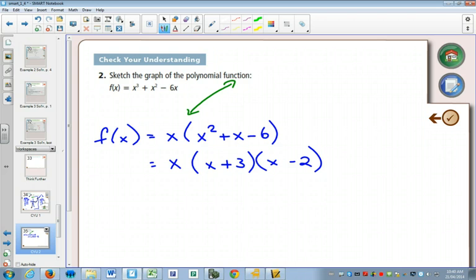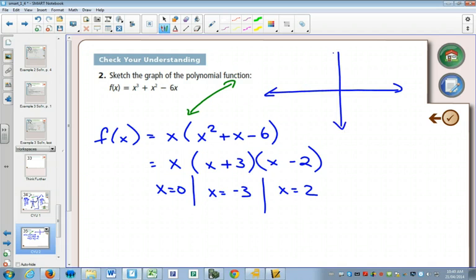And so if I wanted to figure out my zeros, I know I'm going to have a 0 at x equals 0, a 0 at x equals minus 3, and a 0 at x equals 2. So I know those are three of my points.